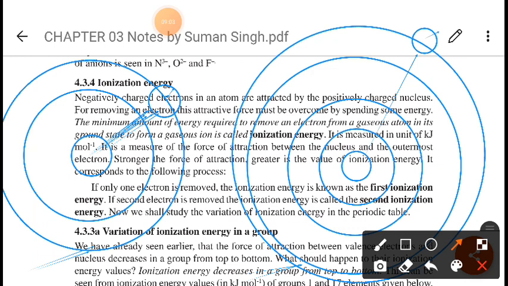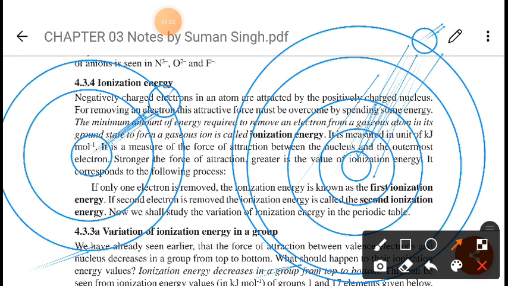So we can say that the further away the electron is from the nucleus, the lesser will be the force of attraction on it, and the more easily it can be removed. If the electron is very far away from the nucleus, it will be very easy to remove, because there will be less force of attraction between this electron and the nucleus.